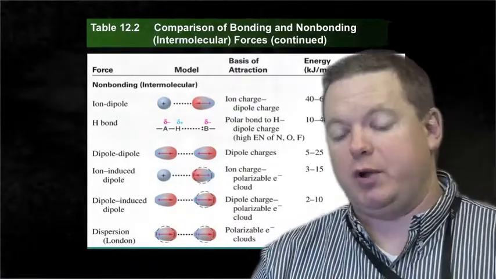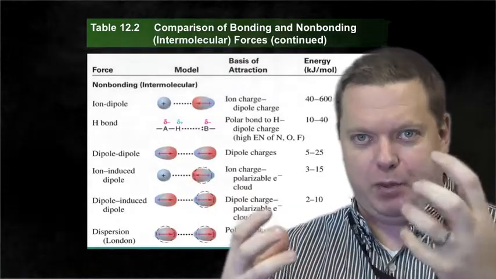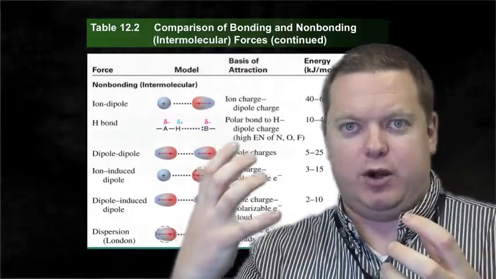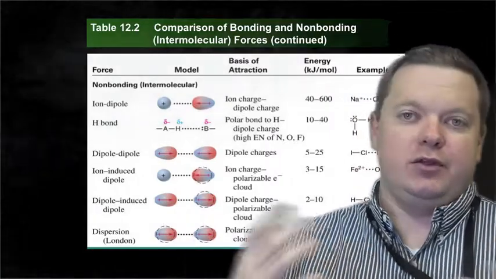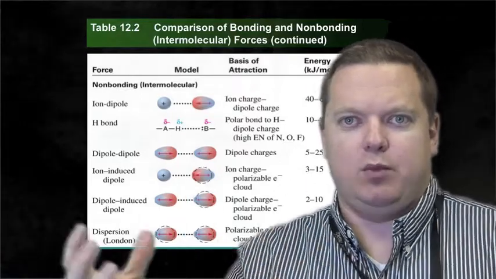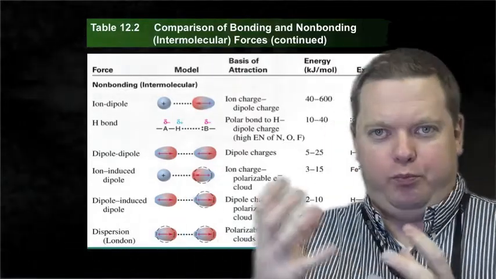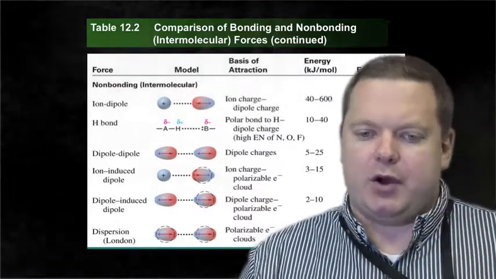Remember, it's a partial charge. But there is still this Coulombic interaction where the plus or the minus is attracted to the partial plus or minus from the other one. So we can think about these ionic, like salt in water, the sodium interacting with the water molecule. That would be an example of this ion dipole interaction.